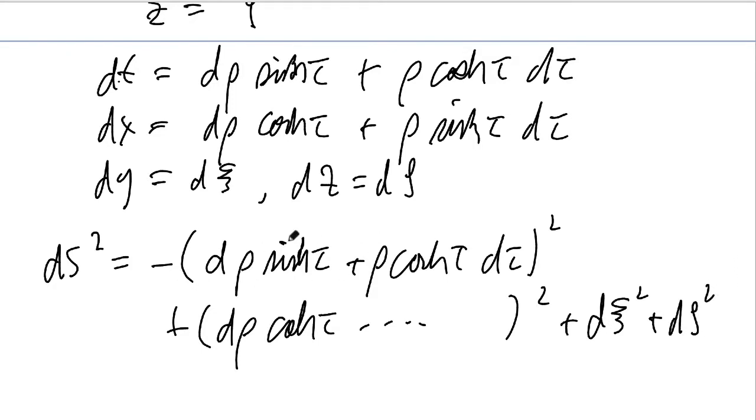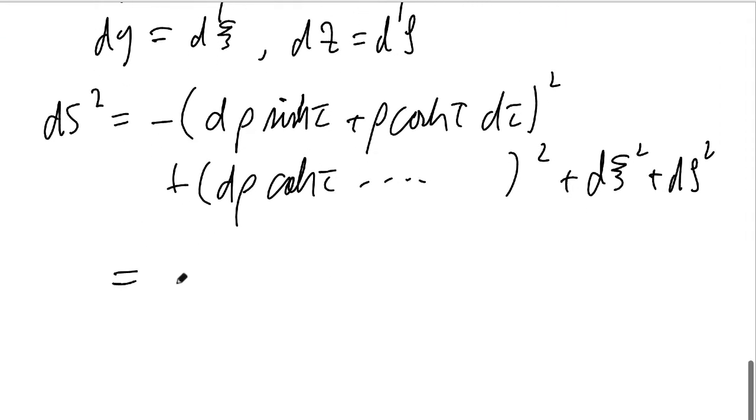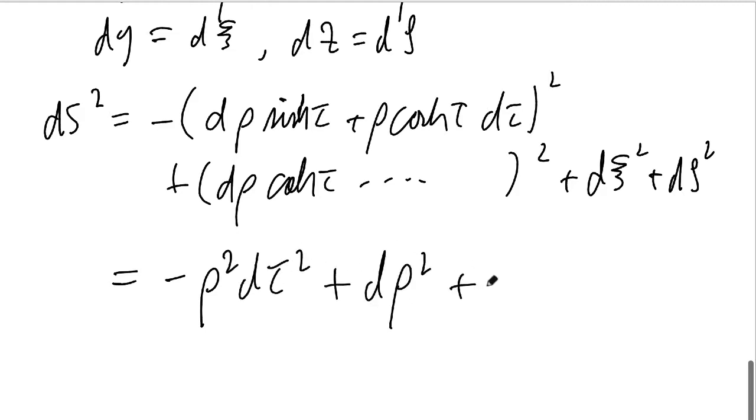If you now multiply this out and collect terms and use the hyperbolic identity, cosh squared minus sinh squared is 1, you'll find the following line element. It's minus rho squared d tau squared plus d rho squared plus d xi squared plus d zeta squared.